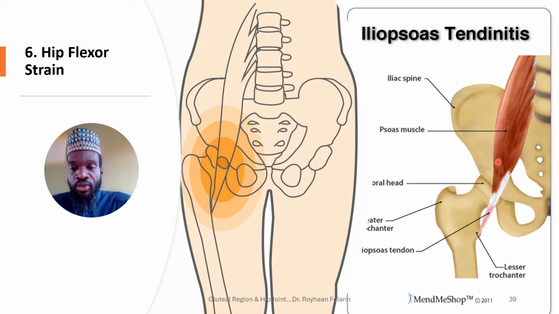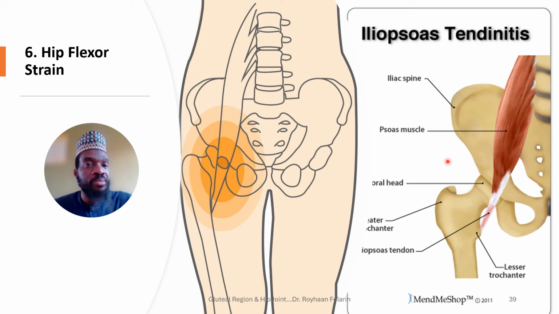So the iliopsoas tendinitis results from overuse or tightness of the iliopsoas. When this happens, it results in hip flexor strains, often seen in athletes or dancers, and this can lead to anterior hip pain and impaired mobility.